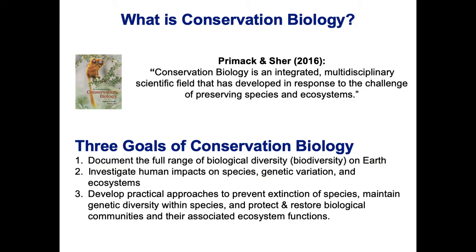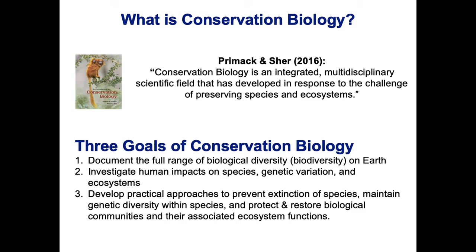There are three primary goals of conservation. One is to document biodiversity, which is a word shortened to combine biological diversity. To investigate the impacts that we people have on species, genetic variation, and ecosystems, and develop different approaches to help maintain biodiversity.